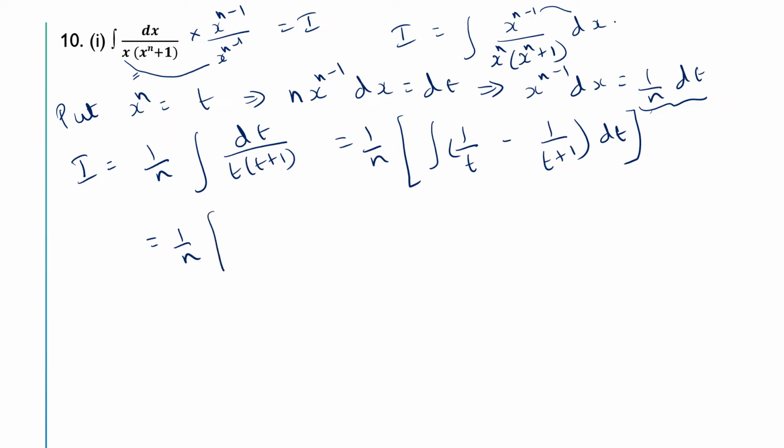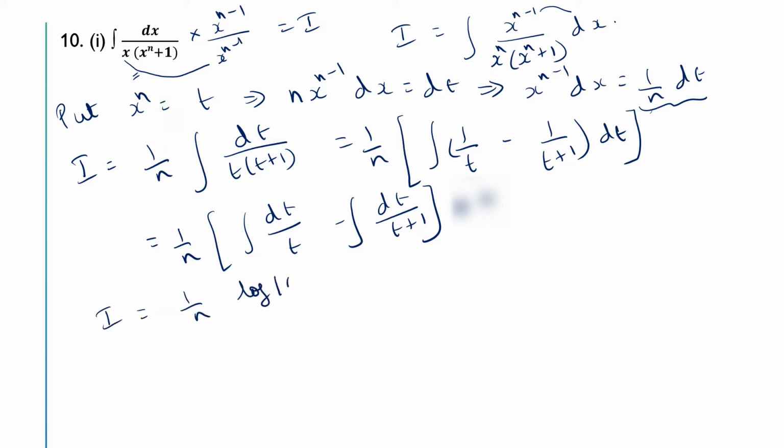So this is equal to 1 by n into integral dt by t minus integral dt by t plus 1 plus c.